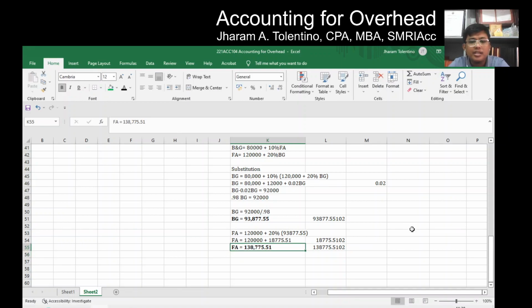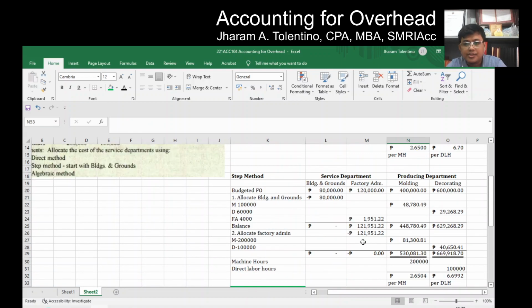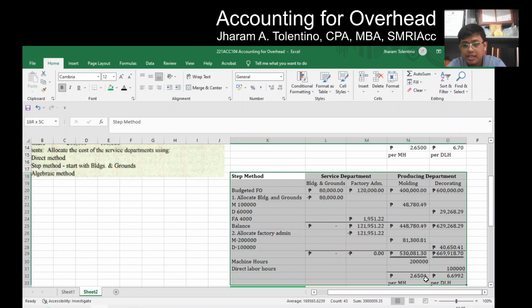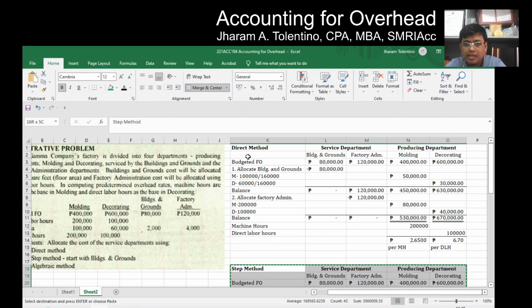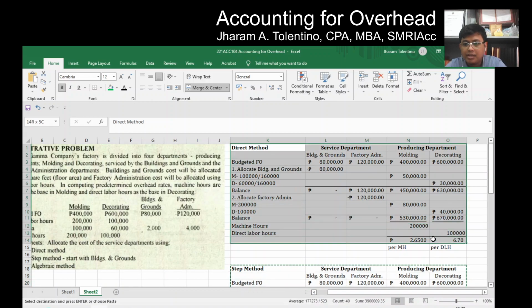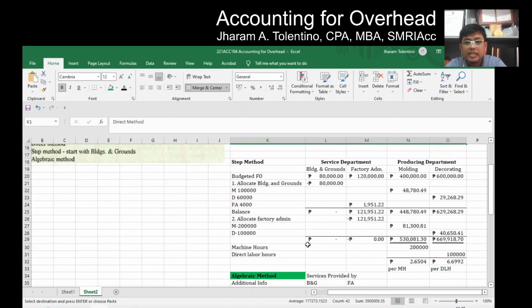Okay. So, anong gagawin natin? Yan na yung i-allocate natin na cost nila. So, copy na natin to. Pwede na natin copy yan ng buo. Ganito siya. Pag nakuha mo na yan, allocate mo siya using direct method.